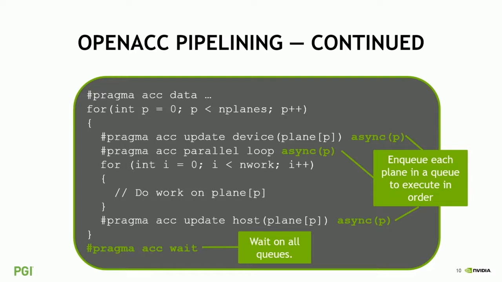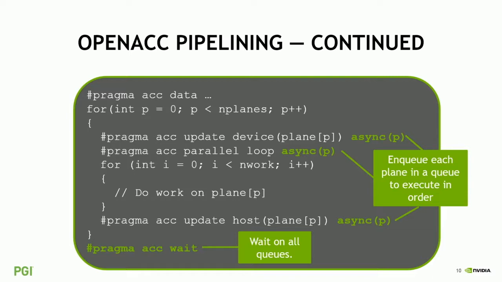Now, the argument P here on the async clauses, we could write something ourselves, right? We could have a sort of list of queue indices that you start with 42 and then increment in steps of 5 if that is what you choose.